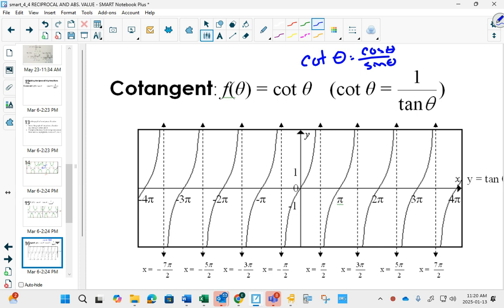And they're very similar but have a tiny little difference. Okay? Tangent has some values that are not allowed. You are not allowed to do tangent of pi over 2. It's undefined on your unit circle.